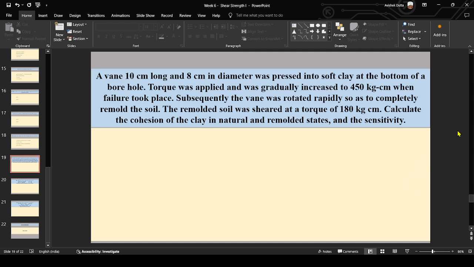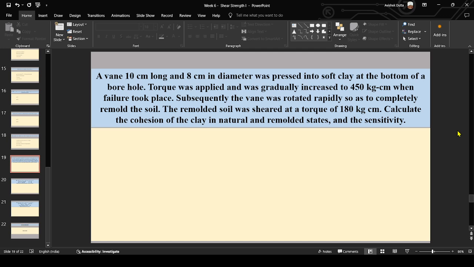I'll repeat the question. A vane 10 centimeter long and 8 centimeter in diameter was pressed into soft clay at the bottom of a borehole. Torque was applied and was gradually increased to 450 kg centimeter when failure took place. Subsequently, the vane was rotated rapidly so as to completely remold the soil. The remolded soil was sheared at a torque of 180 kg centimeter.